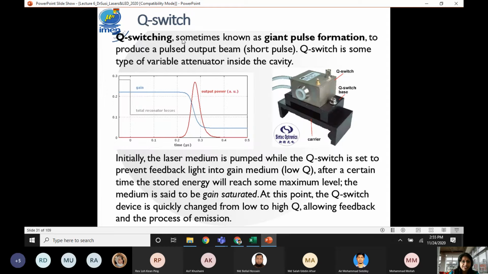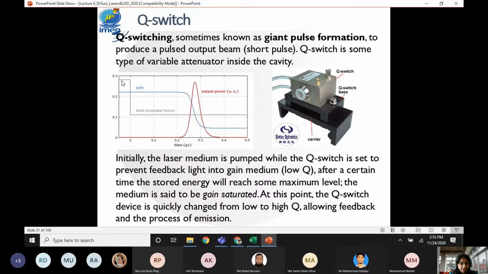Q switching is sometimes known as giant pulse formation. It is to produce a pulse output beam, or a short pulse. And this Q switch has a variable attenuator inside the cavity, the Fabry-Perot étalon. Initially the laser medium is pumped while the Q switch is set to prevent feedback light into the gain medium. After a certain time, the stored energy will reach a maximum.